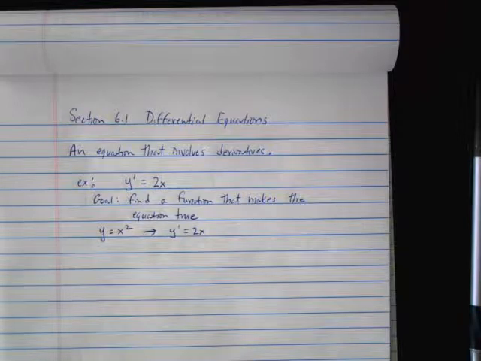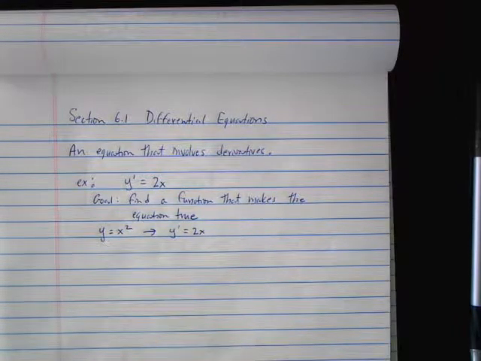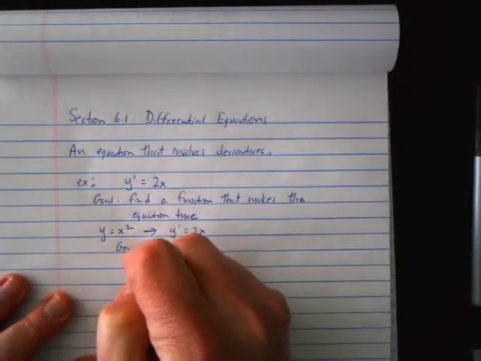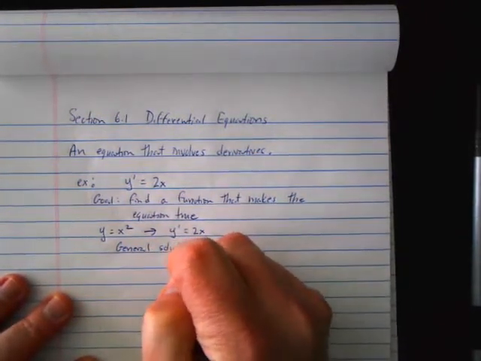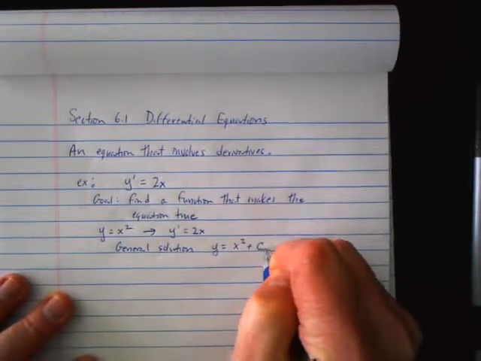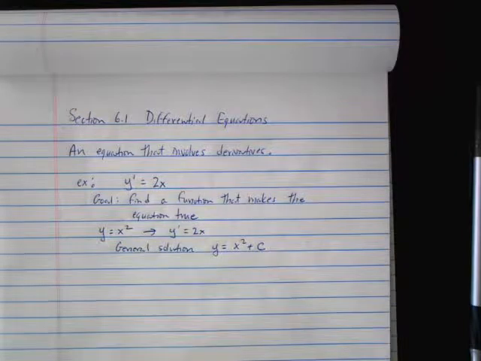So y equals x squared is indeed a solution to that differential equation. Is it the only solution? No. Give me another one. Y equals x squared plus c, where c is any number in the world you want it to be. So the general solution would be y equals x squared plus c, where c is any number you want.